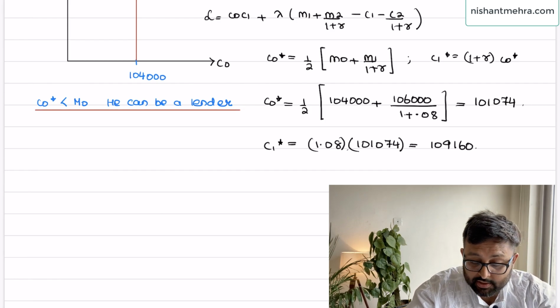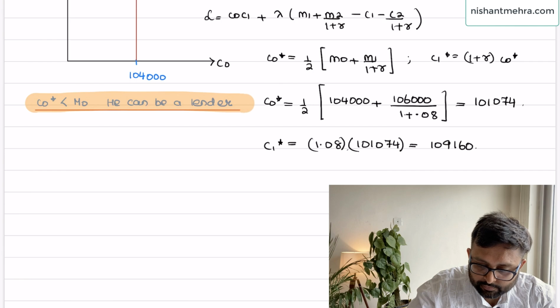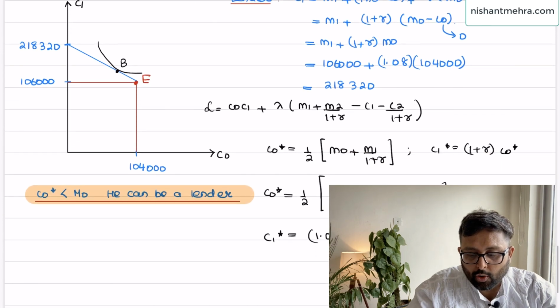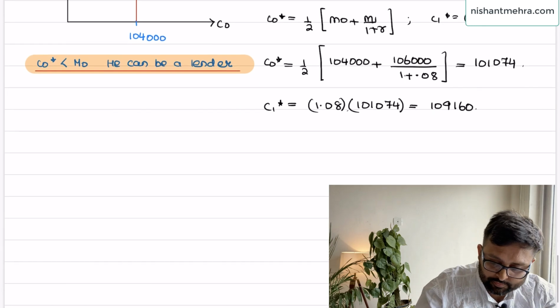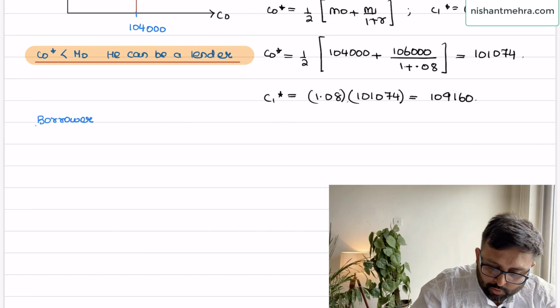Okay. The question is still not complete yet, so don't go anywhere. Now, supposedly if he decides to be a borrower, I need the intercept on the horizontal axis.